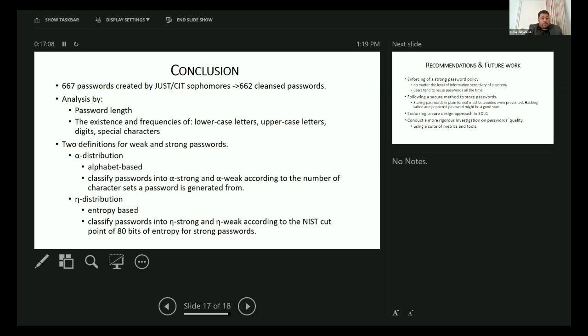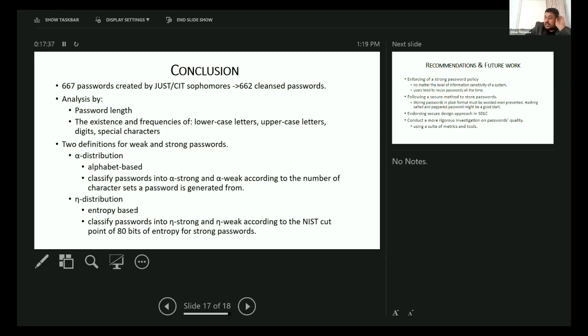We analyzed them by their length, by their frequencies, and the existence of different sets of symbols like lowercase letters, uppercase letters, digits, special characters, and so on. We've also coined two definitions for weak and strong passwords. One relied on the alphabet, called alpha distribution. The other one relies on the entropy, we call eta distribution.